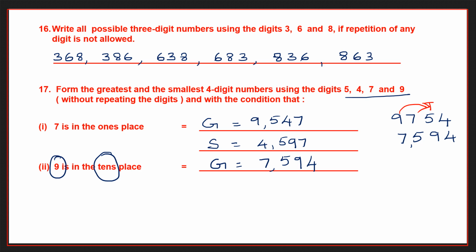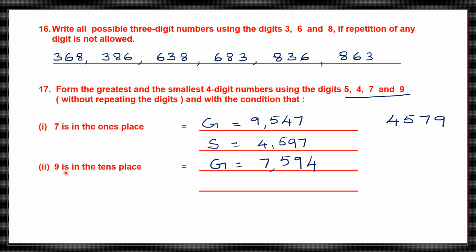Now I have to write my smallest number. So let me get my smallest number here. To form the smallest number, let me look at these 4 digits again. And here I'll start with the smallest one, that is 4, 5, 7 and 9. But the condition here is 9 is in the tens place. So I need to put 9 in the tens place here.